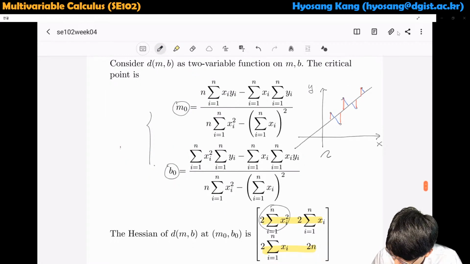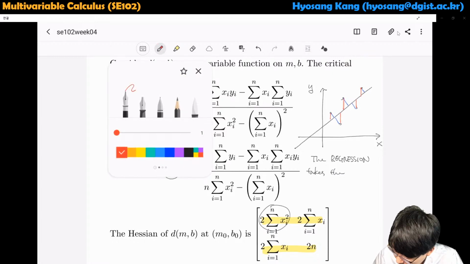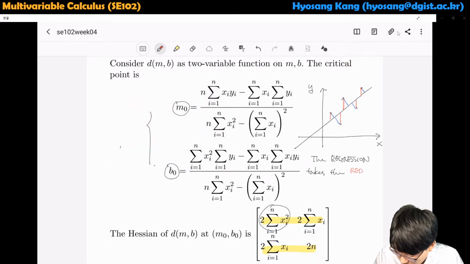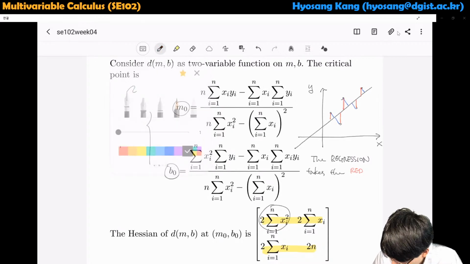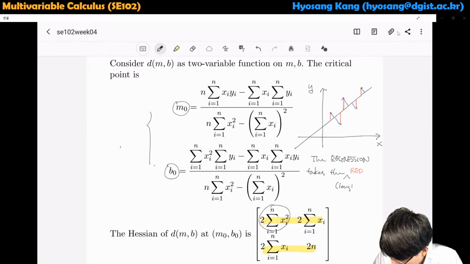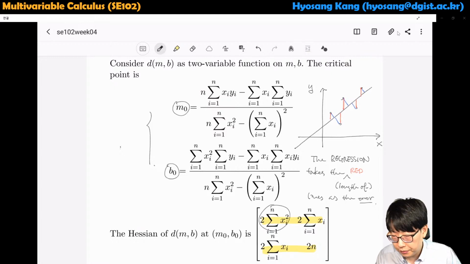So the regression takes the length of the red lines as the error, not the blue ones.